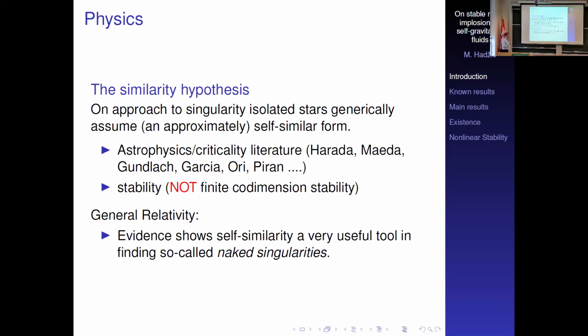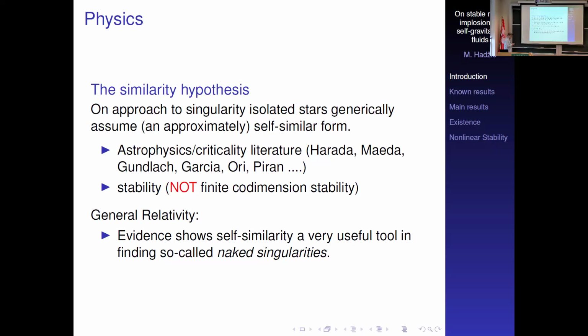And then in GR, if you want to describe genuinely relativistic stars, a similar picture exists. It goes back to works of Ori and Piran that states that one should be able to find imploding objects or collapsing stars that exhibit some form of stability.